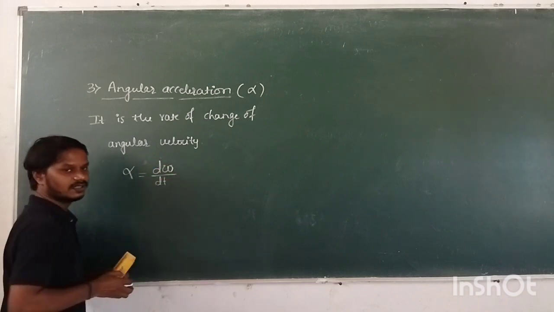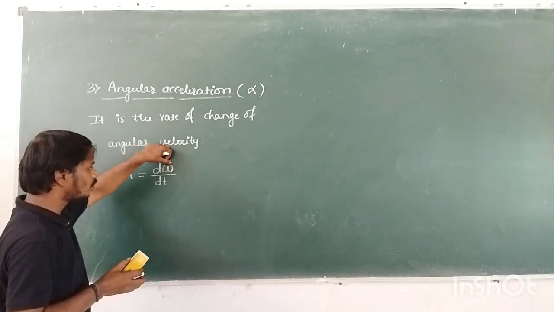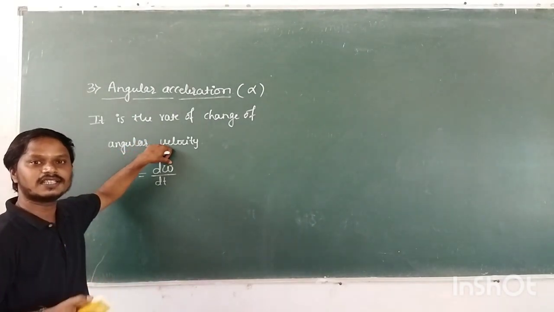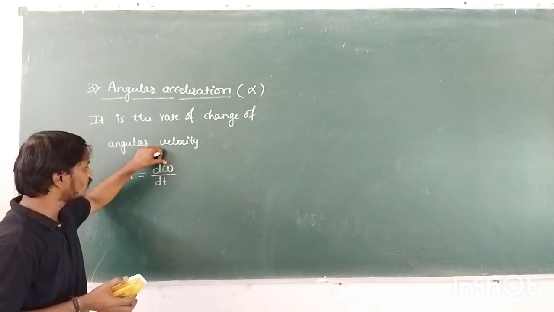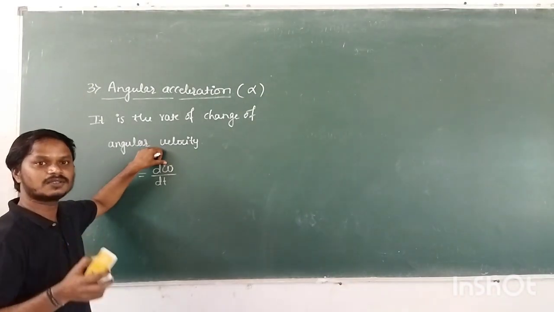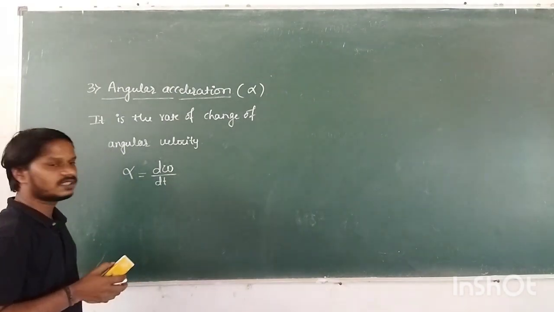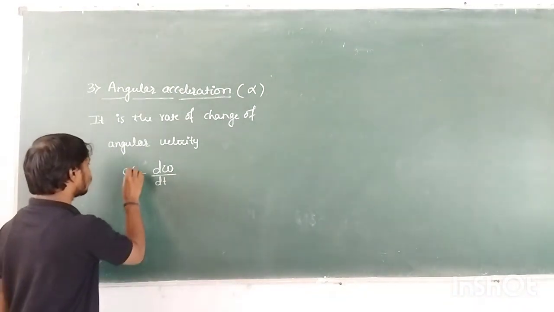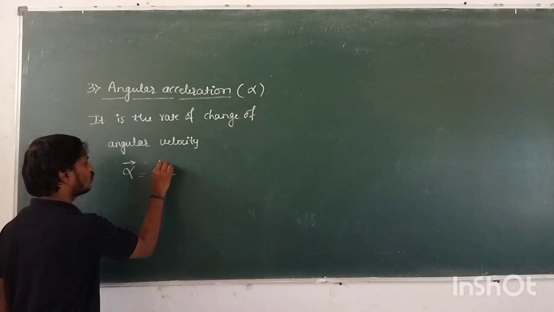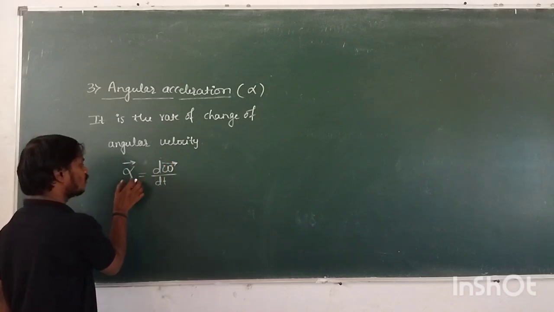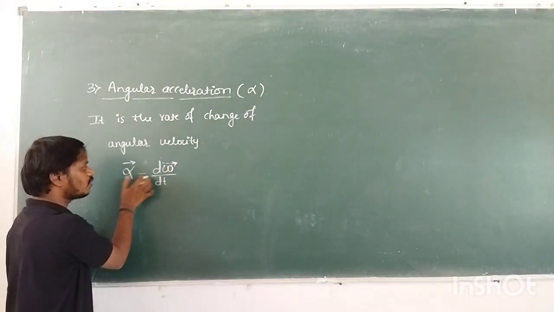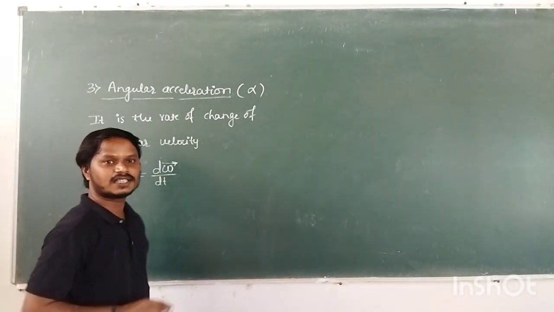Then how to read this one? The rate of change of angular velocity. What do you mean by that? The change in angular velocity of the rotating body with respect to time. Angular acceleration is a vector quantity because angular velocity is also a vector quantity.